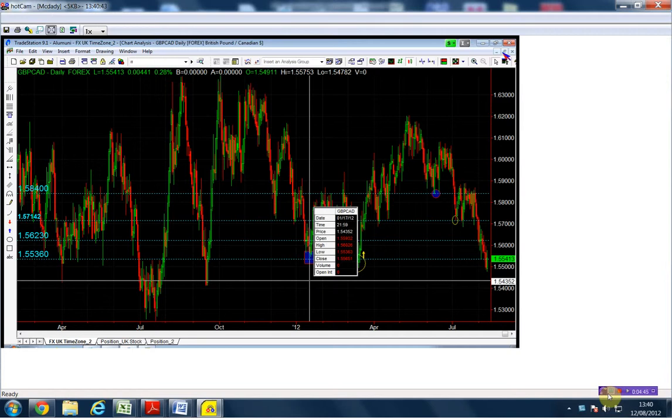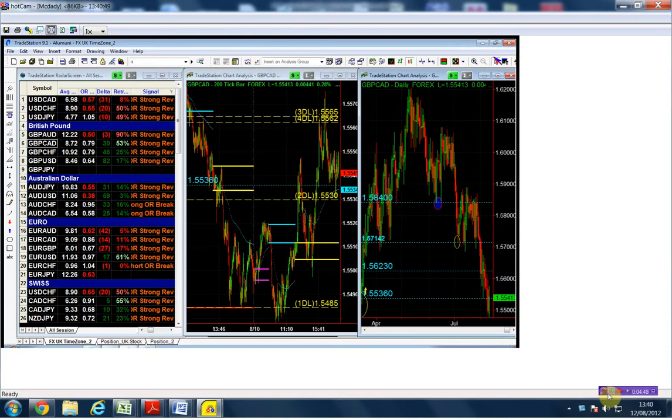This is not a coincidence. These are price values where traders identify value, whether through their computer programs or whatever. There is value now at the 155.36.